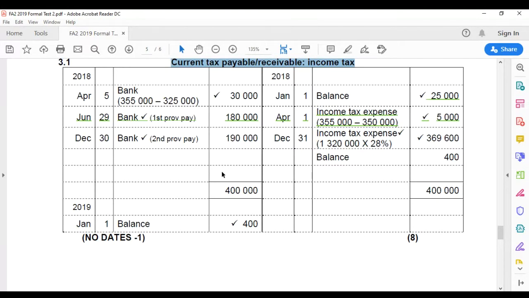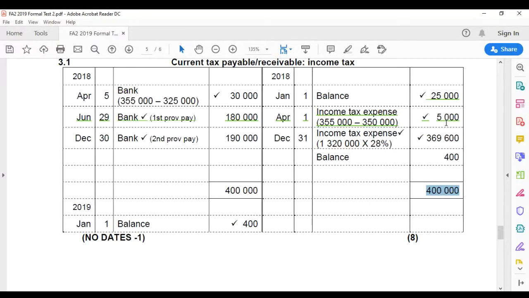But now we can balance it off for the year. If we balance it off, we see that the largest side is the debit side. We add that up, which gives us 400,000 rand. We copy that total over to the opposite side, 400,000 rands.